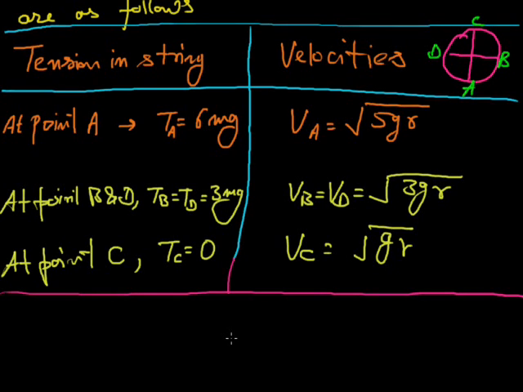At lowest point, lowest velocity to execute the vertical circular motion is root 5gr, and lowest velocity required at points B and D will be root 3gr, and at the highest point required velocity is root gr. If velocity is less than this, the body will not execute the vertical circular motion.